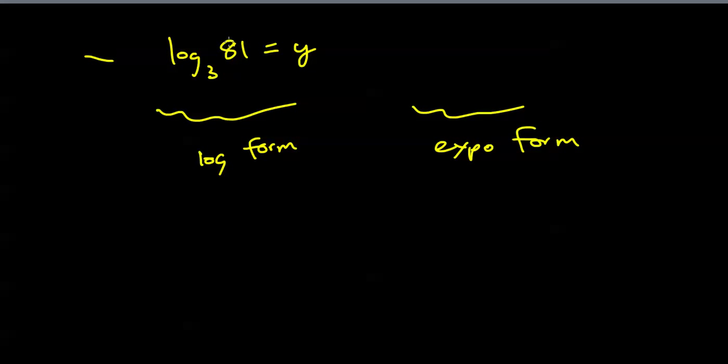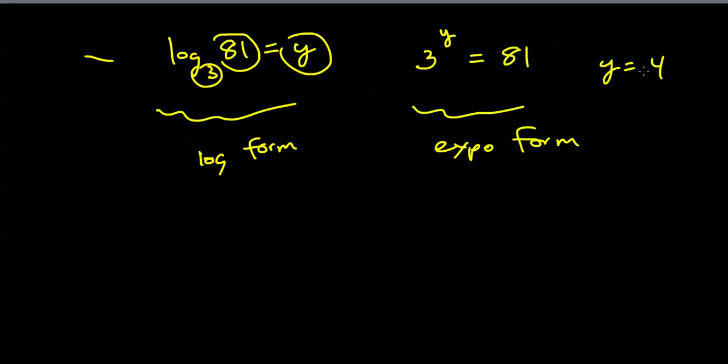If the log of 81 base 3 equals y, that means y is the exponent we put on 3 to get 81. And if I ask you, what is the exponent we put on 3 to get 81? Of course, you're going to tell me 4. So y equals 4.